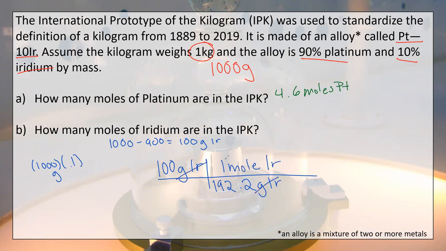Cross it out, cross it out. I don't have an on-screen calculator, but I get 0.52 mole iridium. And then the second part of this problem will also be about the IPK, just for fun.